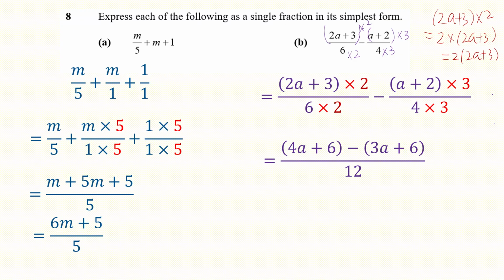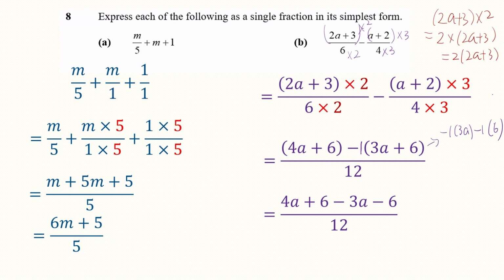Next, I will have to apply the distributive law to simplify this. And let's see how we can do it. If you watched the earlier video, part A, we can put a number 1 here. That will give us negative 1 bracket 3a, negative 1 bracket 6.